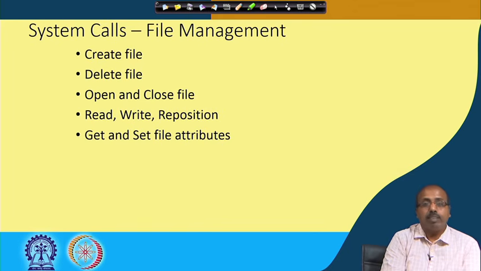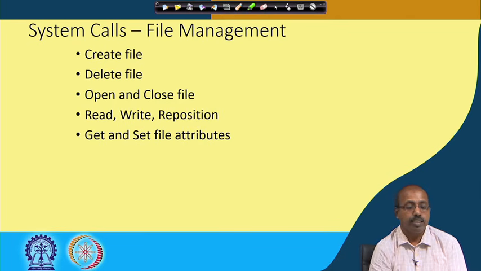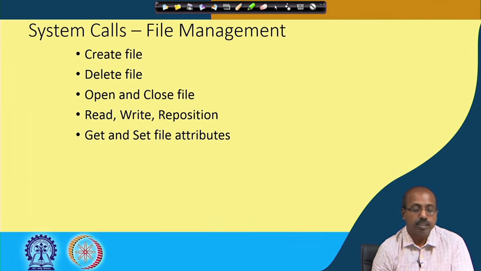Then for file management, we have a number of system calls like creating a file, deleting a file, open and close files, then read, write or reposition. Read and write we understand.